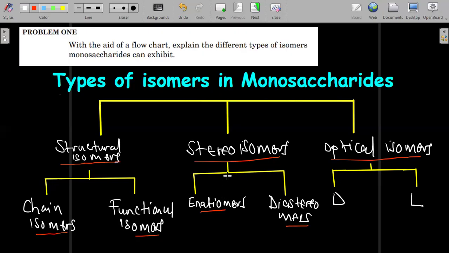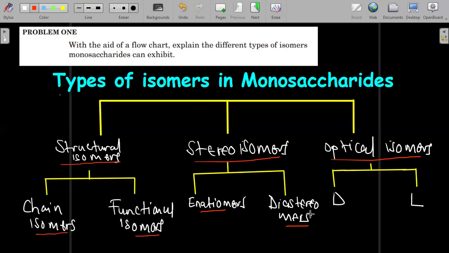Meaning you cannot put one molecule on top of the other and have it align perfectly. So the perfect alignment does not happen. That's what we mean by mirror image isomers that are non-superimposable. And then the diastereomers are isomers that are not mirror images of each other, and they differ at more than one chiral carbon.